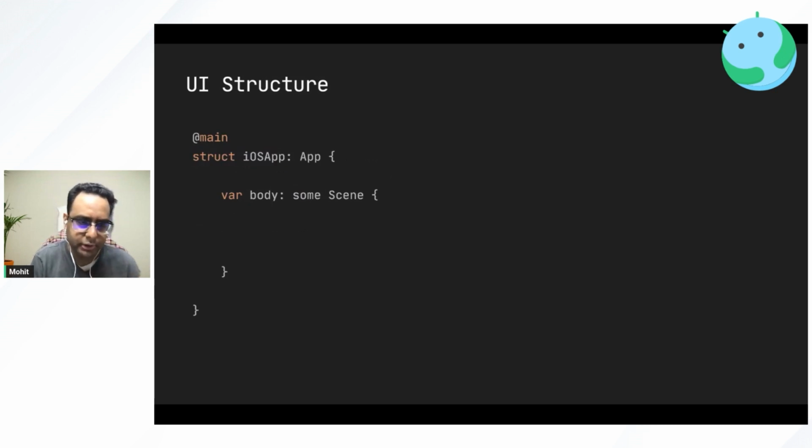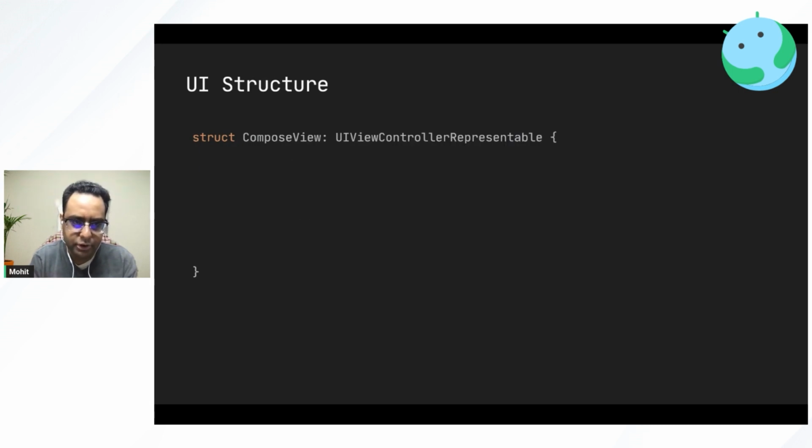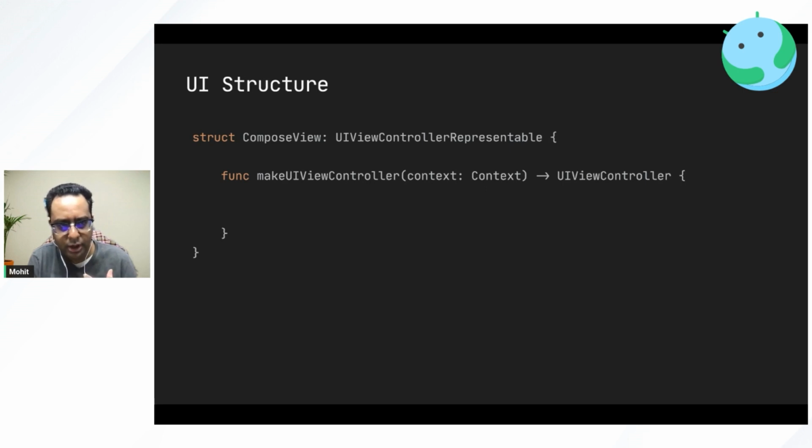Another approach you could take is that suppose you have an existing app that has its UI defined in SwiftUI, and you want to just add in a shared component. So over here, I have a struct that I've defined in Swift, and I am basically defining a content view in Swift that I want to show. And the content view, internally, is going to utilize this ComposeView that I made.